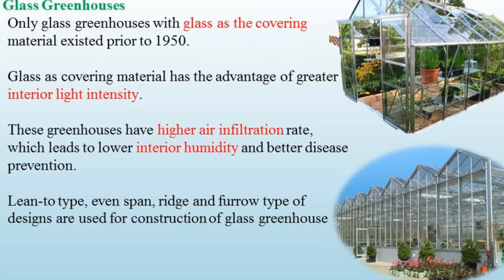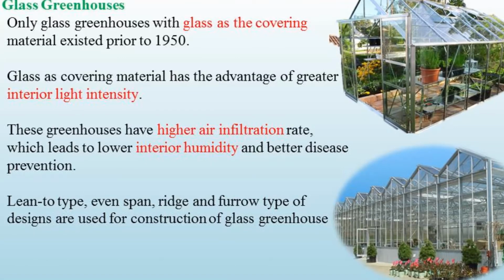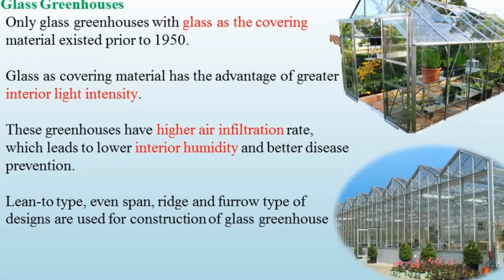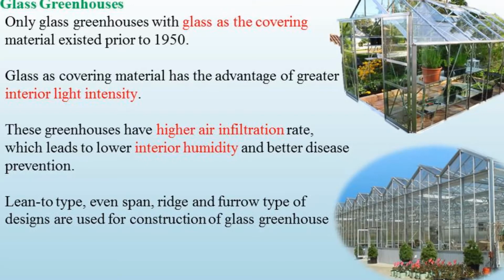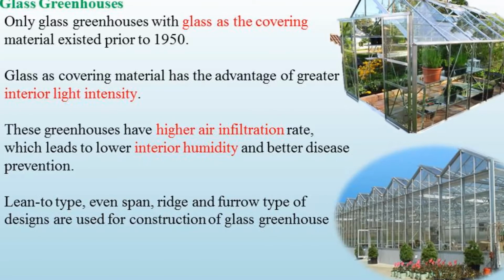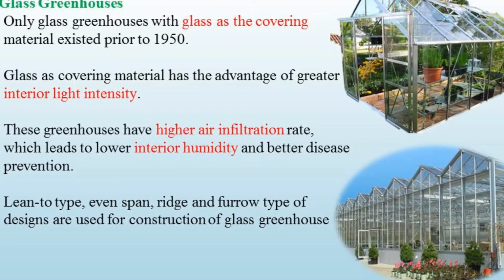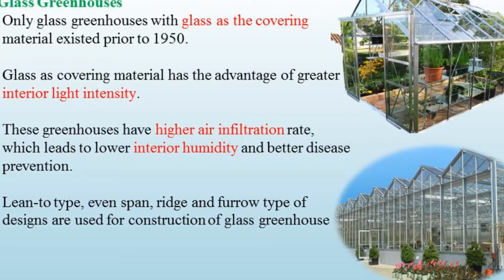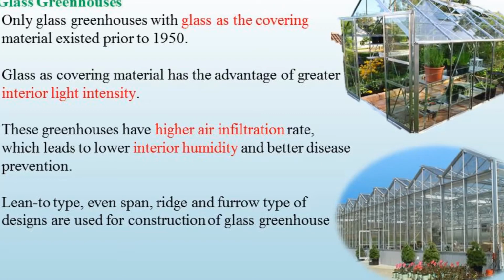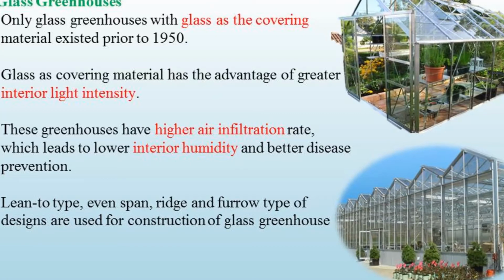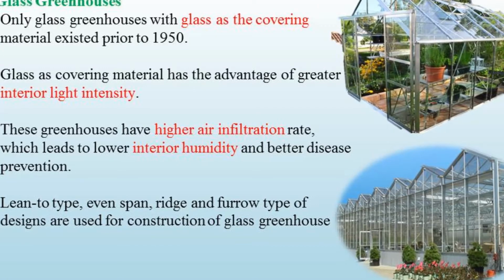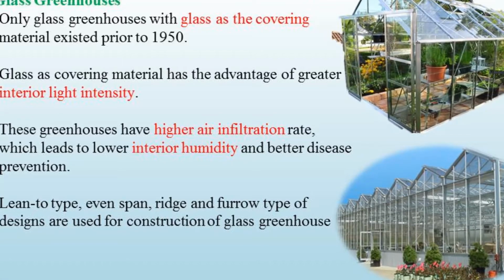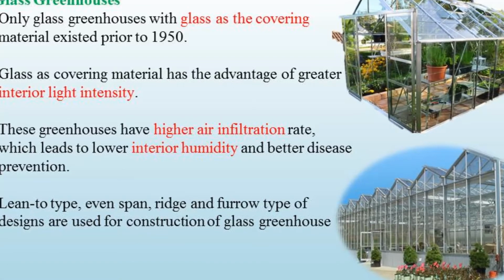This type of polyhouse is effective in winter cultivation because in winter season it protects the crop from cold bite. But in summer season, due to high heat intensity, the heat inside the polyhouse increases, and it becomes unfit for commercial cultivation in summer season.